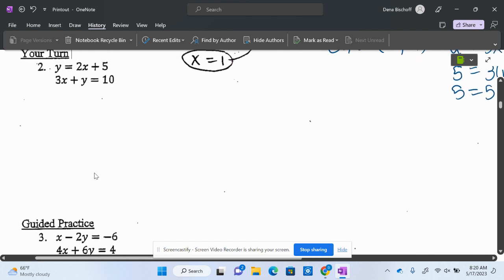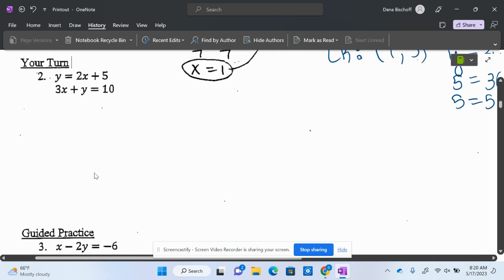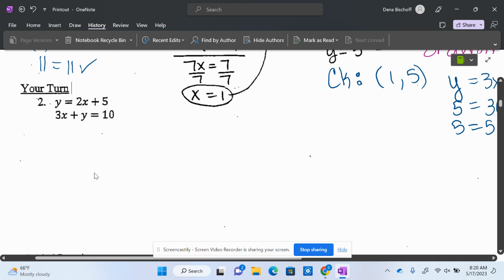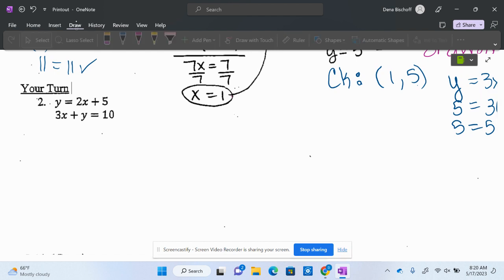So the first thing that we want to do is get a variable all by itself. So if you look at the 2 equations in our system, are one of these already solved for x equals or y equals? Yes, which one? Yeah, this top one says y equals 2x plus 5.